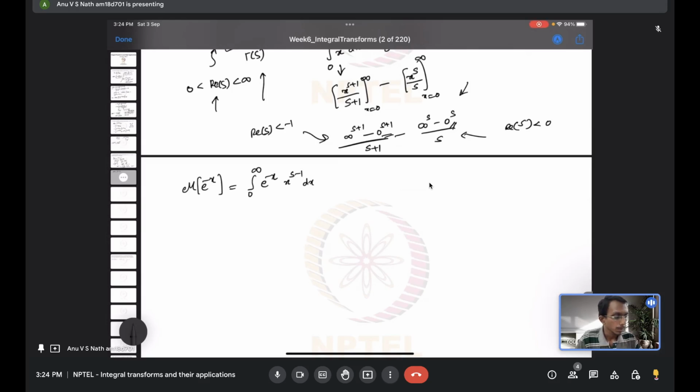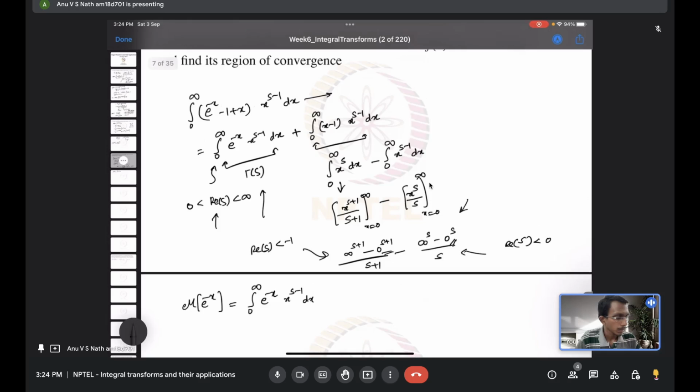Before going to that, I just want to ask whether the first explanation that I have given is clear. What I am saying is that the integral can be split into an exponential part and a polynomial part. The exponential integral we already know converges to the gamma function.